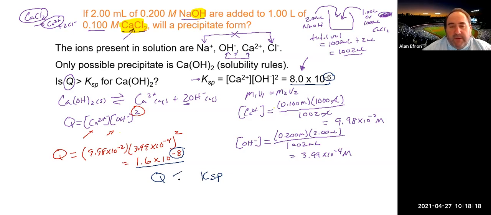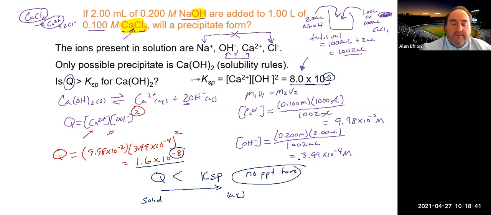That means Q is less than the KSP. That means we would expect the equilibrium to shift to the right. And remember, in these reactions, we have solid on the left of the arrow, aqueous ions on the right, and that means that we would expect no precipitate here. Any questions on that?